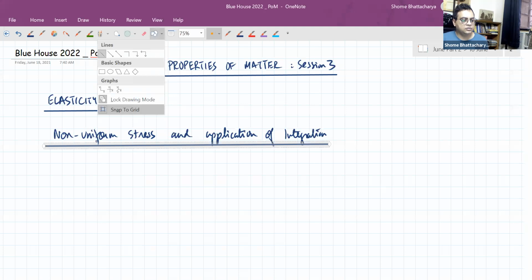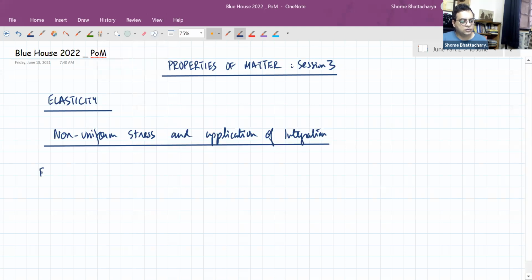So for example, we have a situation of a heavy metallic cylinder or pillar or something hanging under its own weight.